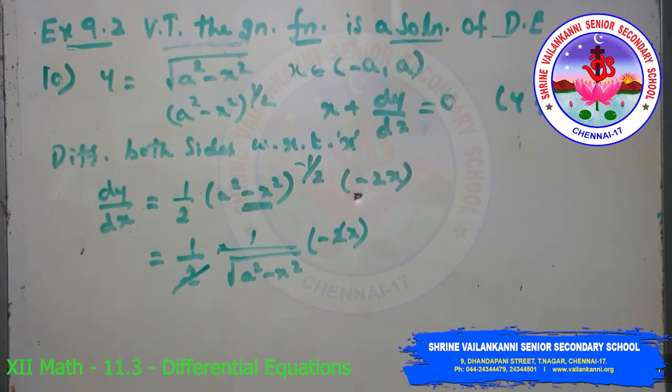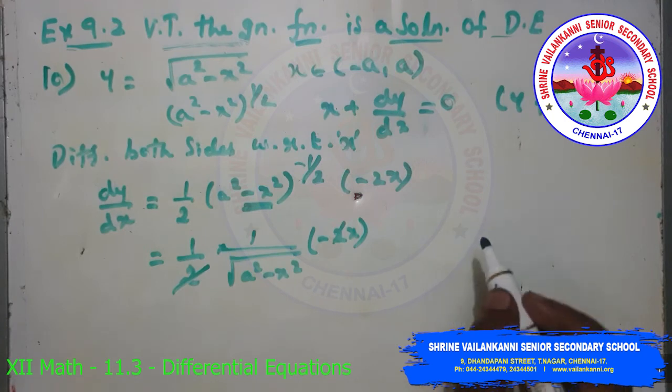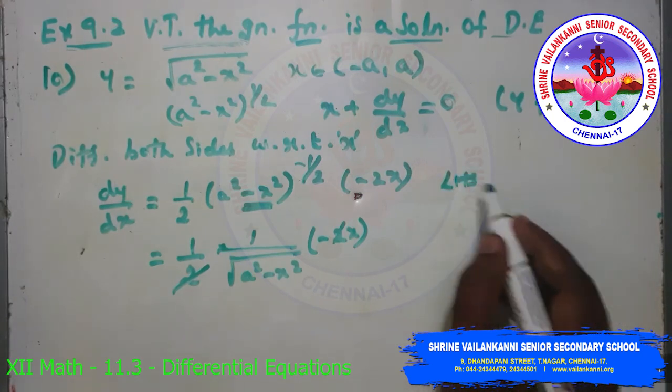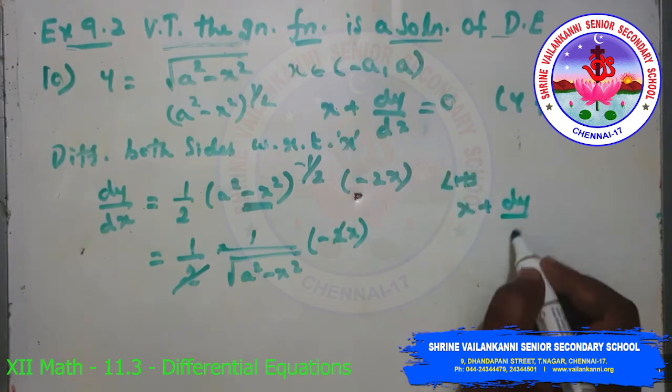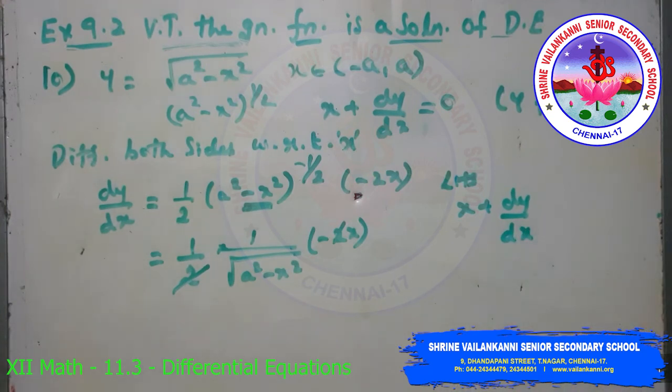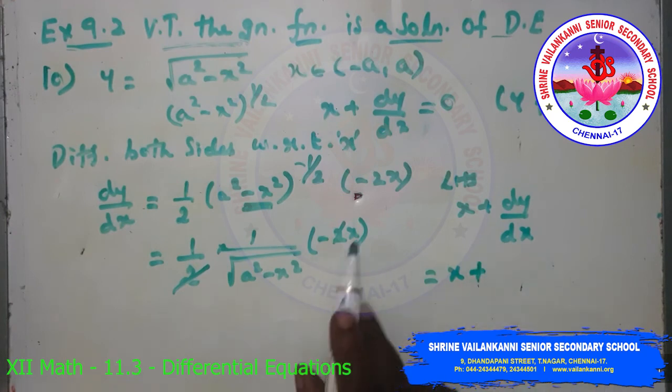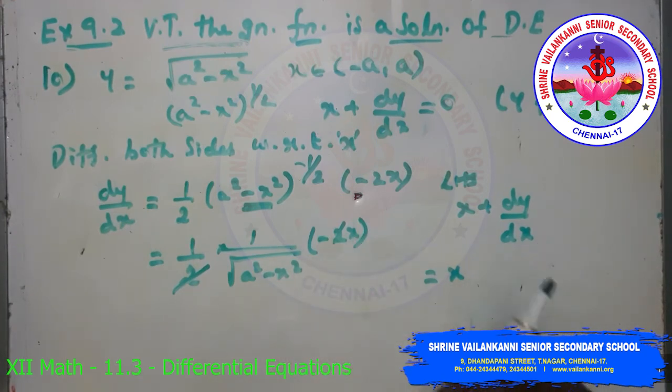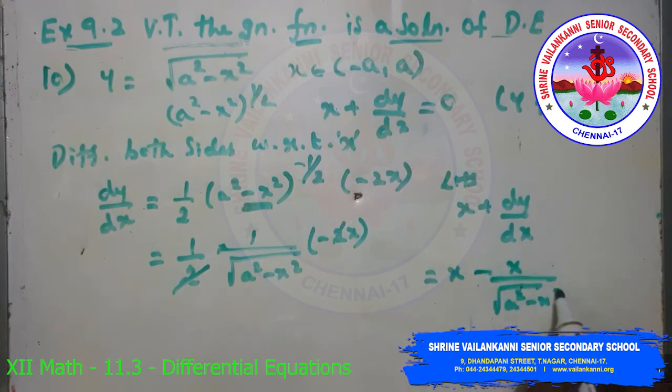Putting the value of dy by dx and y in the given differential equation, LHS is x plus y into dy by dx. So dy by dx is minus x by root of (a square minus x square), into y, where y is root of (a square minus x square).